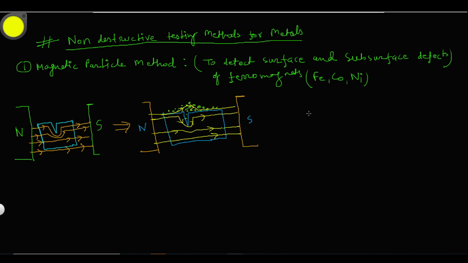So we come to know, due to this deflection, some defect is present here, because of the magnetic particles present on the surface of the specimen. So we come to know, yes, here is the defect. We located the defect.